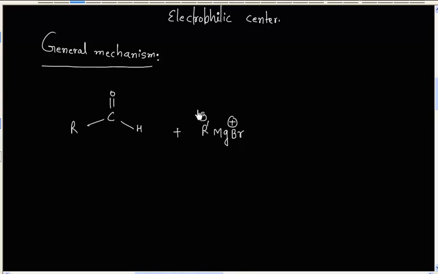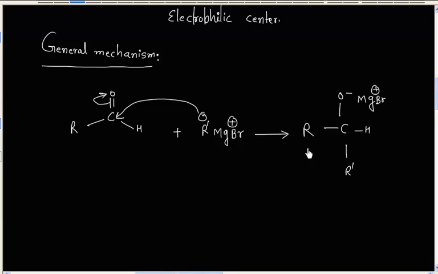So this nucleophile can attack this carbon because this carbon has sufficient positive charge. At the same time we can open this bond. So we will have R-CHO minus-R' and MgBr plus. This is the salt that will be formed.